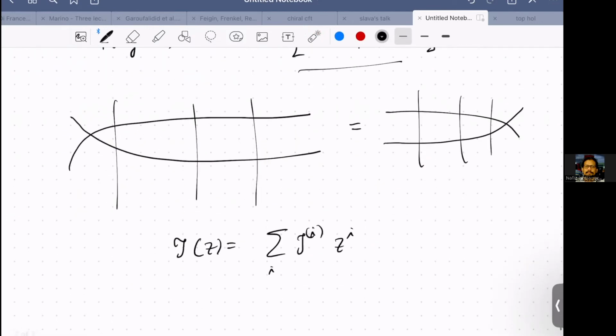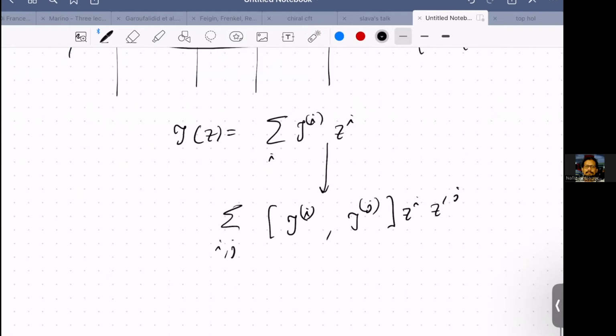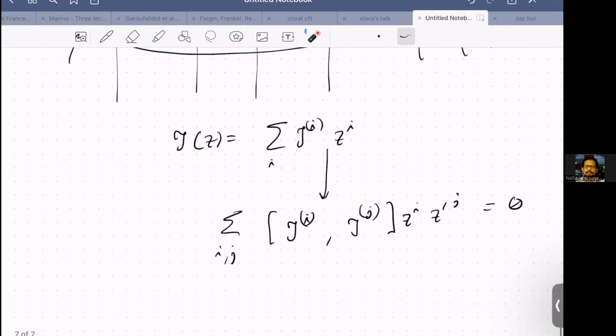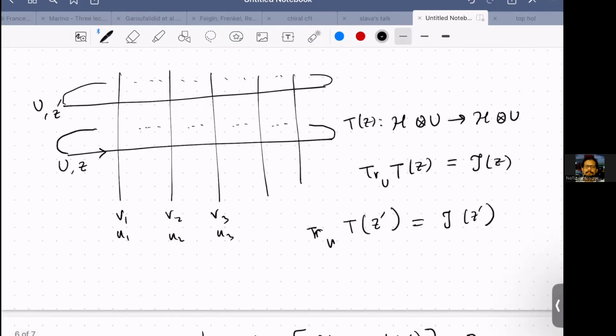Then by expanding this, you will find an equation that will look like T_i, T_j, Z^i, Z prime^j, sum over i, j equals 0. And since this has to be true for all Z and Z prime, these coefficients commute for any i and j. And these coefficients are functions that only act on your Hilbert space. There is no auxiliary space because we have already traced over the auxiliary space.